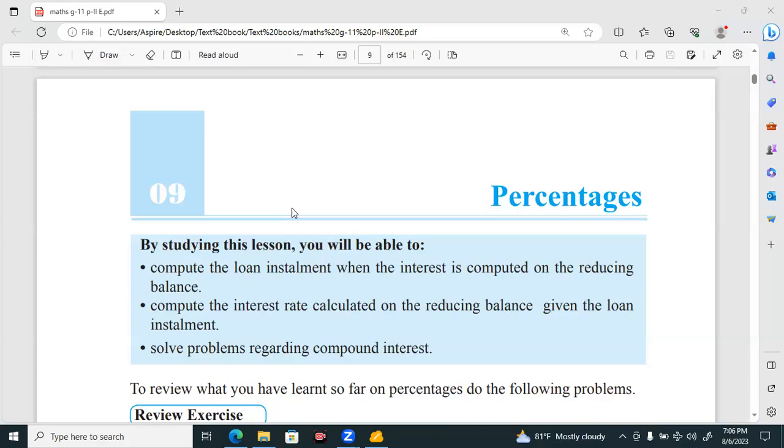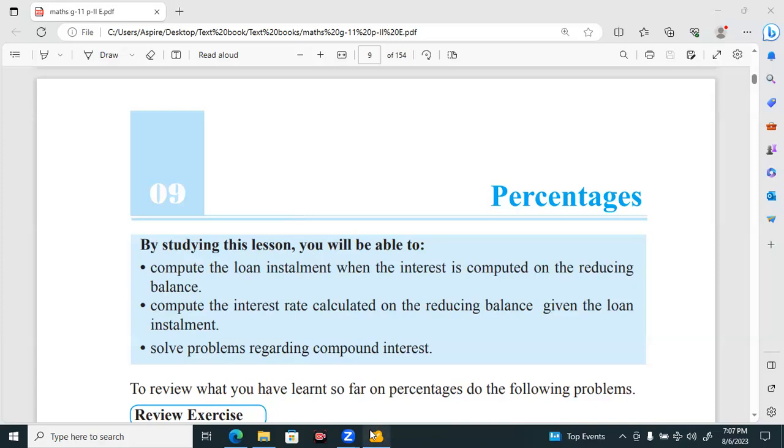Interest is calculated as a percentage. That's why we discuss it under percentages. Interest is calculated not only for loans but also for deposits. We will discuss all these things in this lesson.